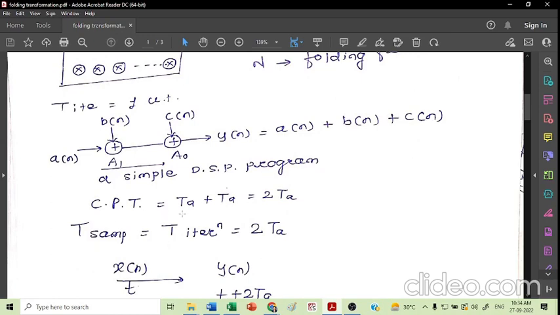Critical path time: this adder will require TA time and this adder will again require TA time. So critical path time is TA plus TA, equal to 2TA. Here T sample is equal to T iteration, and it is equal to 2TA.